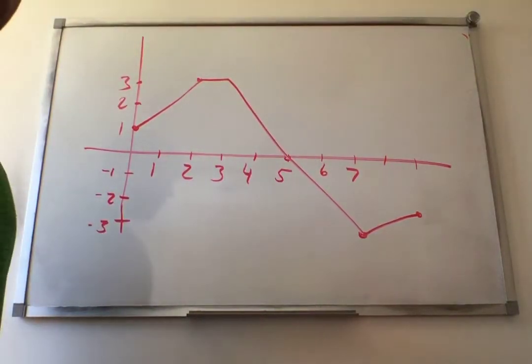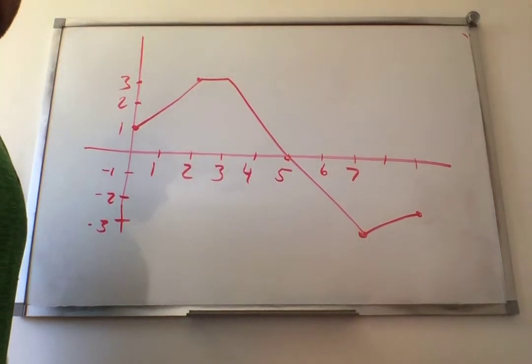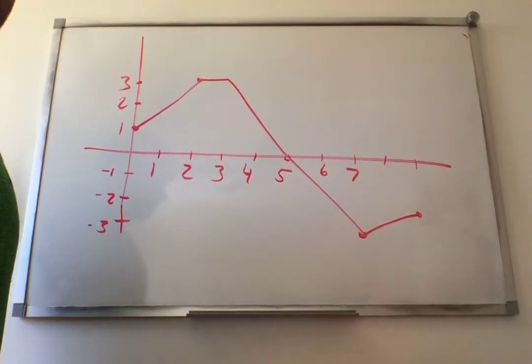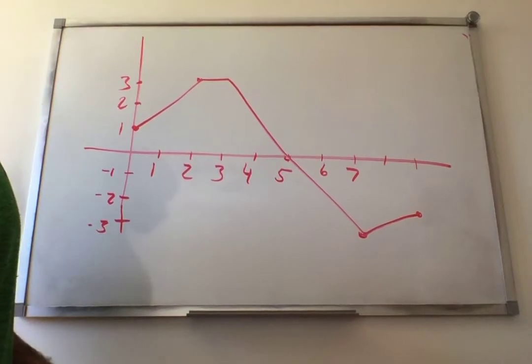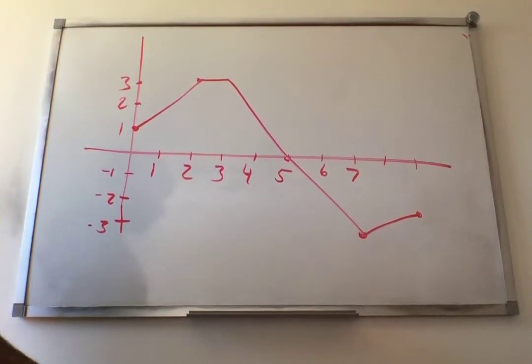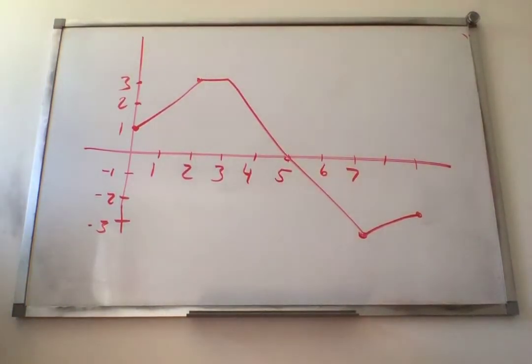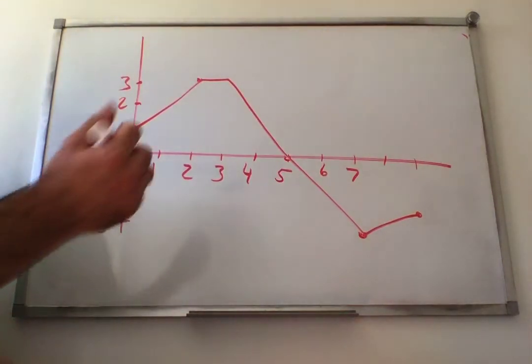Alright, so let's go ahead and examine this problem. I'm going to do A and B. Again, this is problem 33 on page 389. They want us to find an integral.